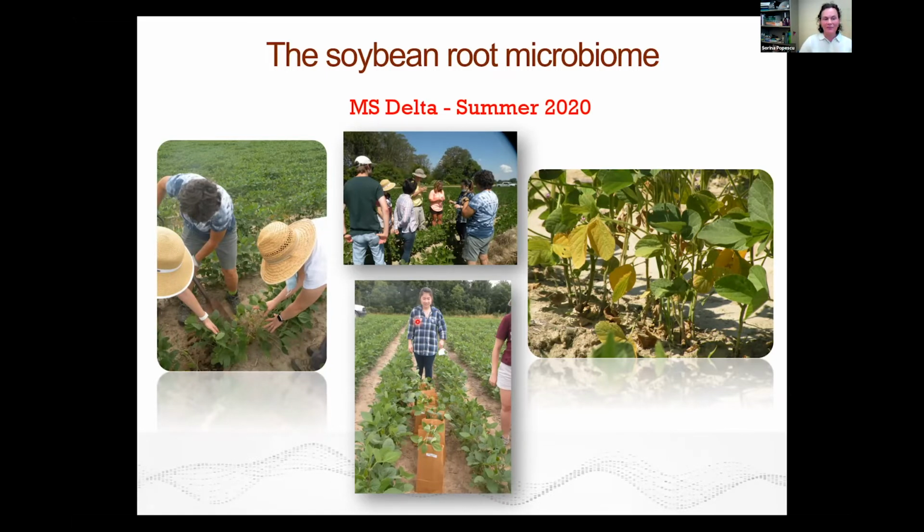We got samples from healthy soybean plants, but also samples from plants that were showing mild symptoms of Zalaria infection, such as this chlorosis that I mentioned, and also plants that were heavily infested by Zalaria, almost dead, basically. So we had healthy plant samples, mild symptomatic samples, and heavily infested soybean samples.